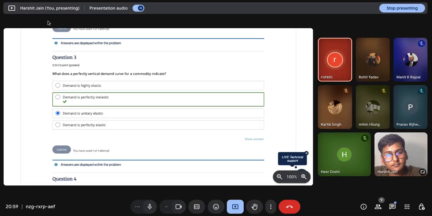When it's on a 45-degree angle, it means that it's unitary elastic. If it's steep but not a standing line, then it's highly inelastic. And if it's flat but not a horizontal line, then it's highly elastic. Okay.